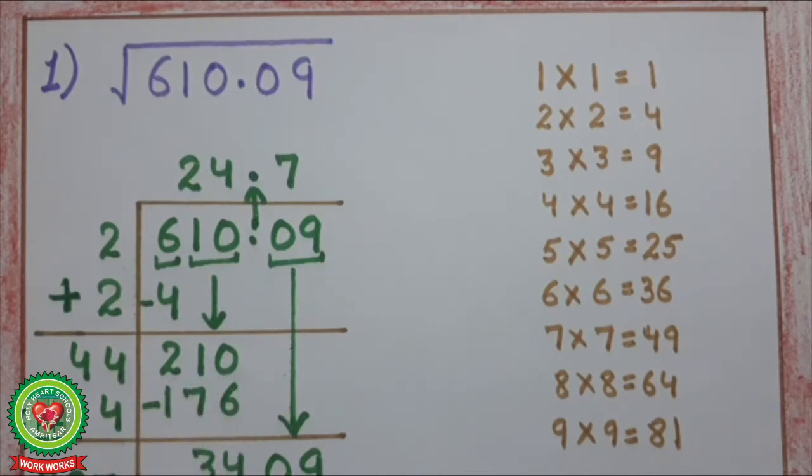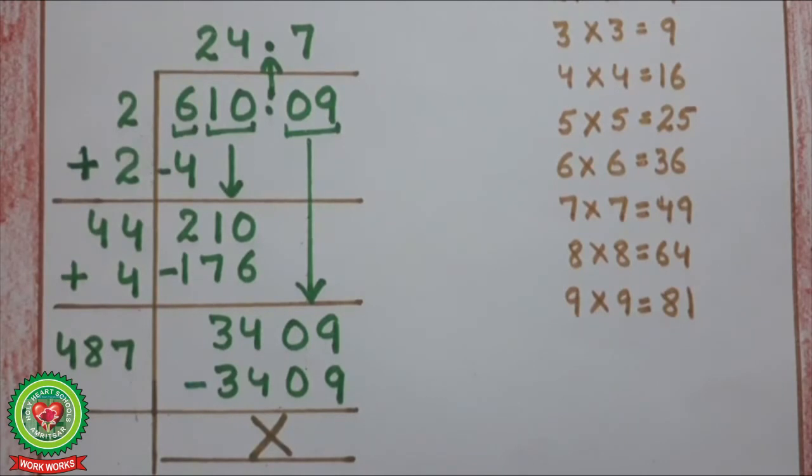So thinking in such way, I have got a digit 4 which gets multiplied by 44 will give you a number which is just less than 210. So I have written 4 with divisor as well as with quotient such that 44 multiplied by 4 comes out to be 176. So I write 176 under dividend.